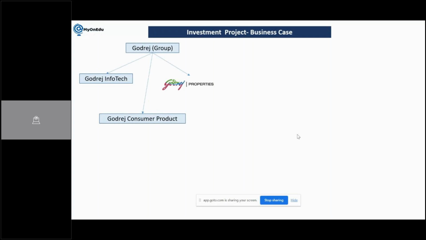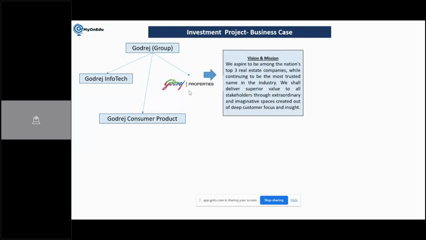I have taken the example of the Godrej Group here. Just understand that the Godrej Group has three different legal entities: Godrej Infotech, Godrej Consumer Products, and Godrej Properties. So here the Godrej Group can be a portfolio, or we can have Godrej Infotech, Godrej Consumer Products, and Godrej Properties as individual portfolios. Let's say I'm taking the example of Godrej Properties.